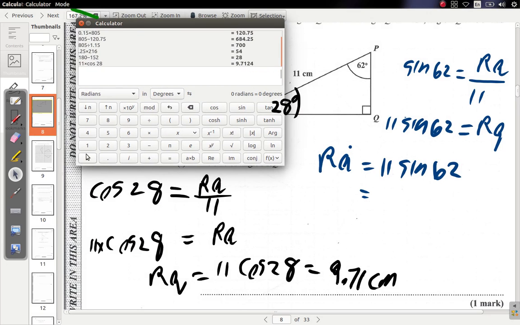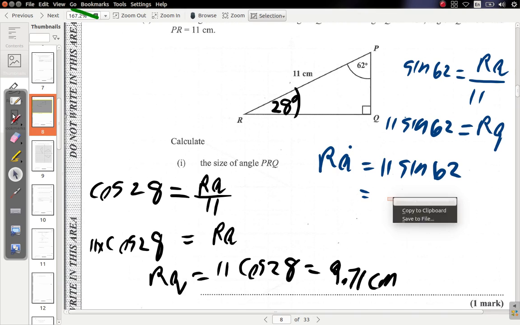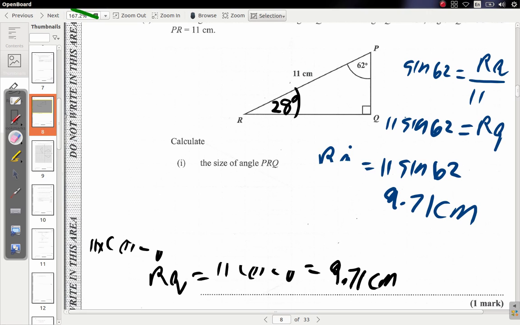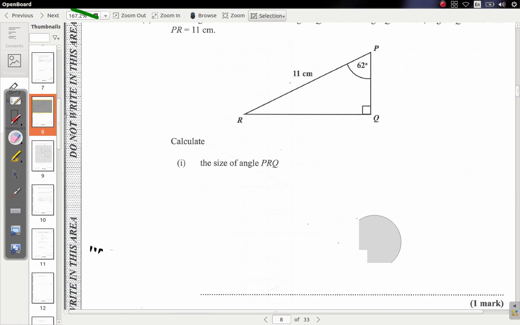So 11 multiplied by sine 62 equals 9.71. Same 9.71, right? Centimeters. Alright, so we worked out the two ways then. We could get that. We could look at the next question now.